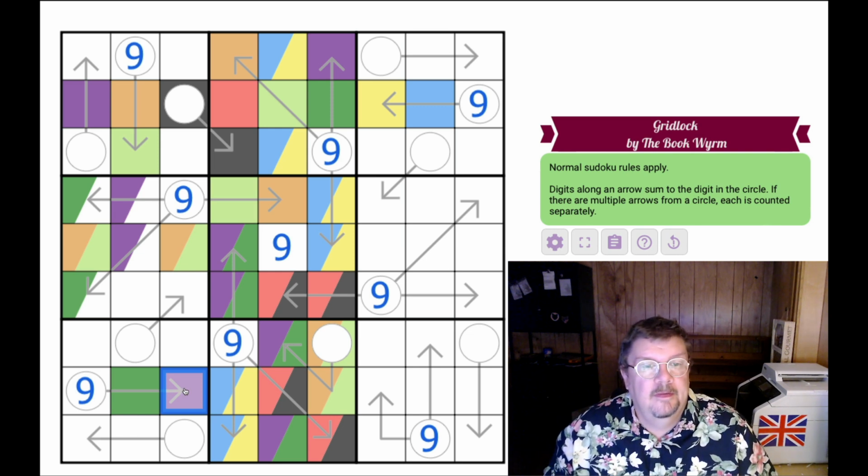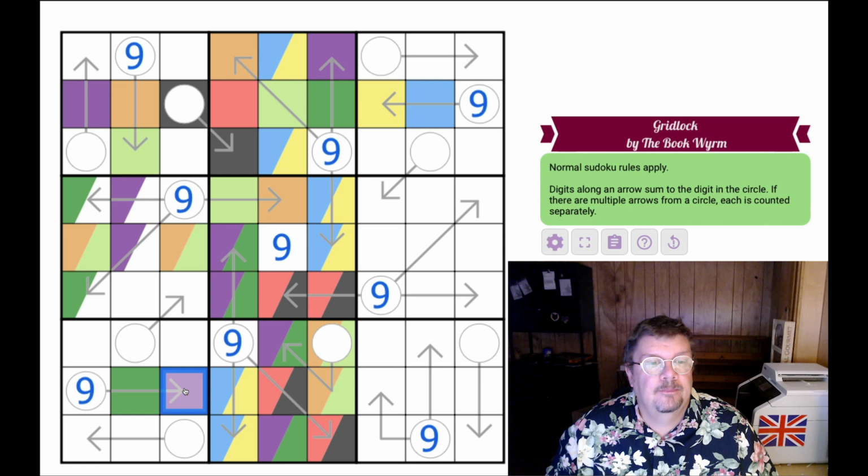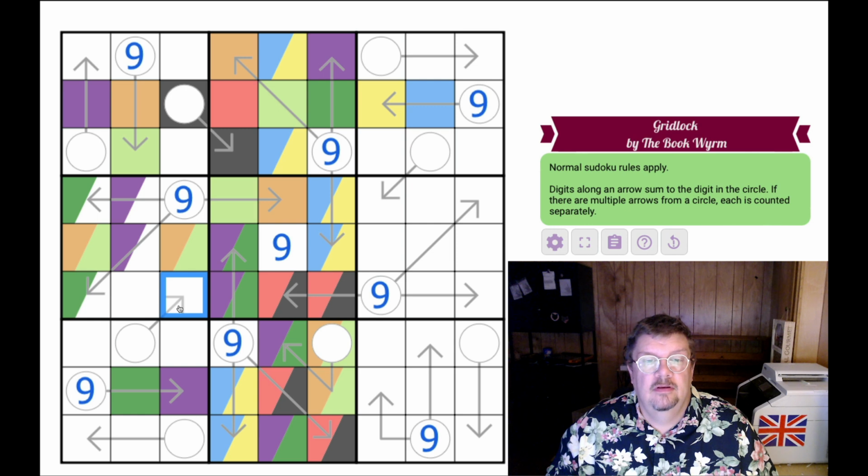All right, where next? So this cell is not from the black-red 9-sum, it's not from the orange-green 9-sum, it's not from the purple-dark-green 9-sum, so these must be from the yellow and blue 9-sum.